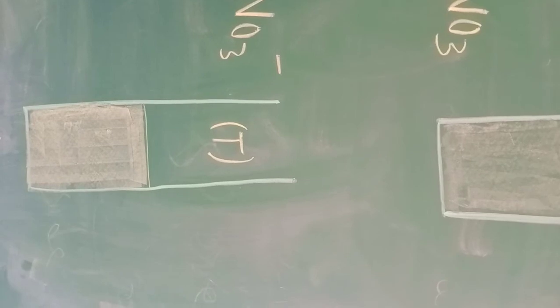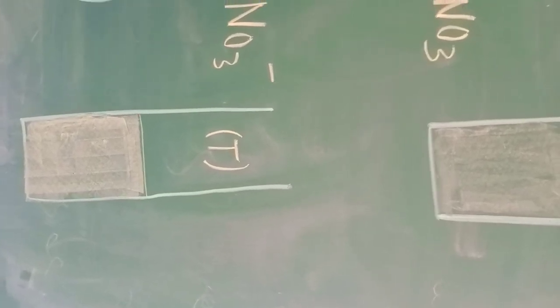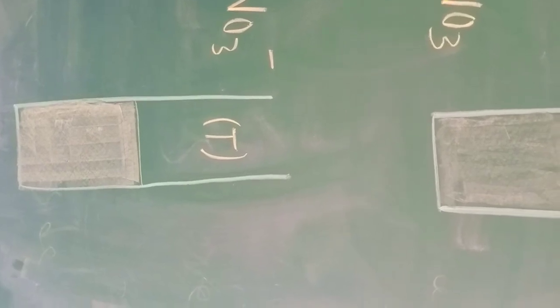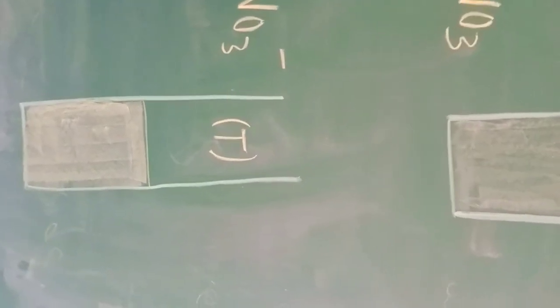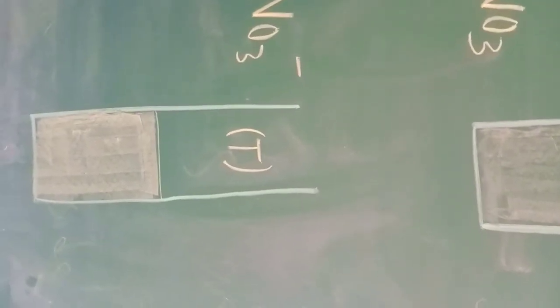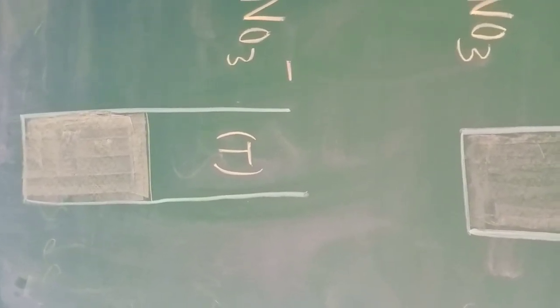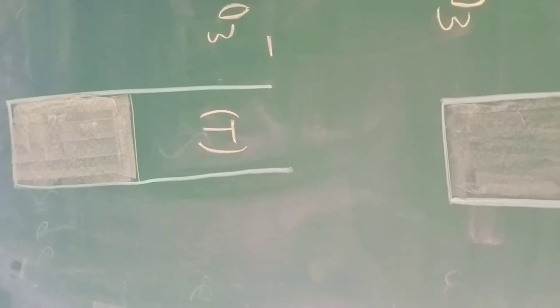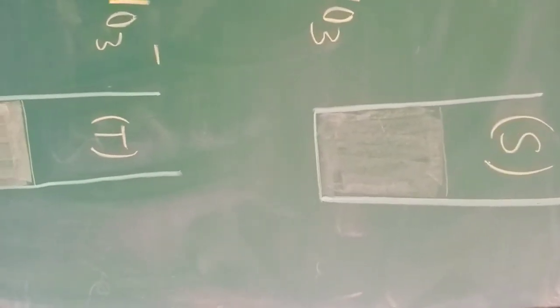However, in case of test, the turbidity produced by the chloride as an impurity is comparatively greater than standard, as we can see here that test has a more turbid solution or more opalescence as compared to standard.